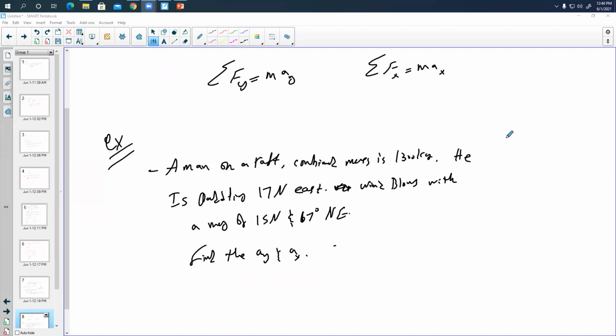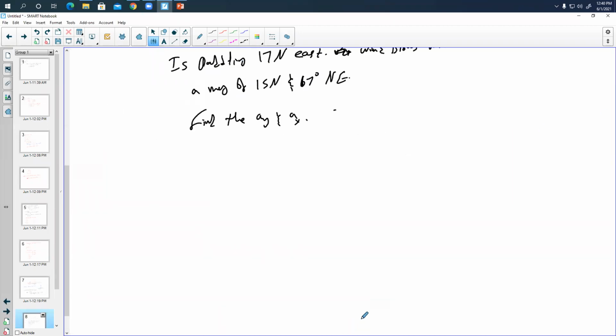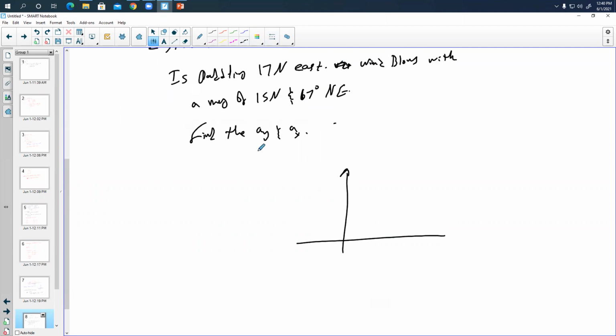So let's go ahead and draw the free body diagram for this one. So he's paddling 17 newtons to the east. Paddling, let's say P for paddling. And then the wind is blowing 15 newtons at an angle of 67 degrees.